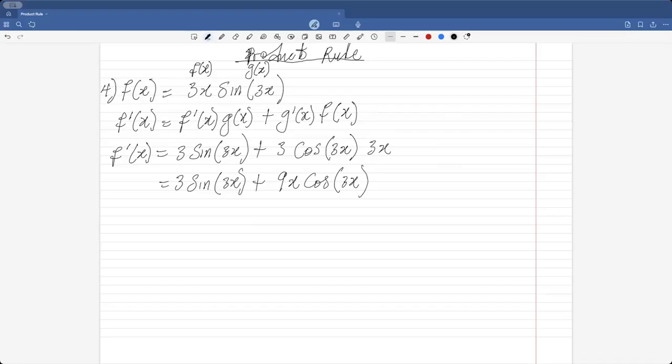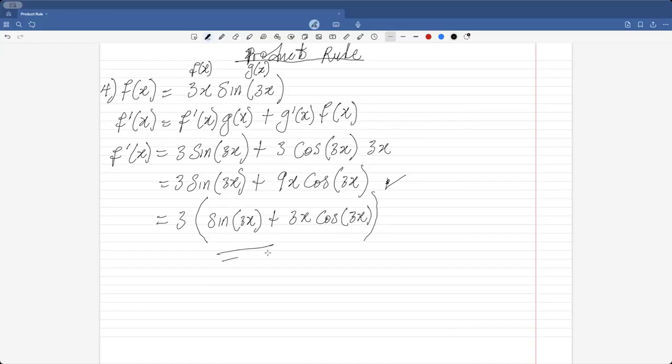And we can leave our answer this way, or better still, we can factorize by saying 3 open parenthesis sine 3x close parenthesis plus 3x cos open parenthesis 3x close parenthesis all closed parenthesis. And this is our final answer here.